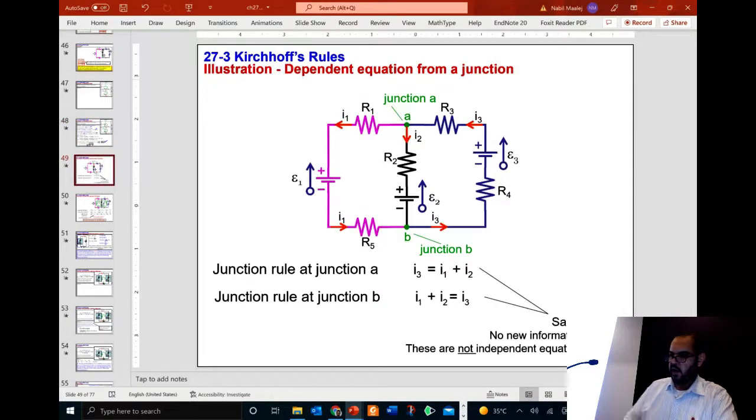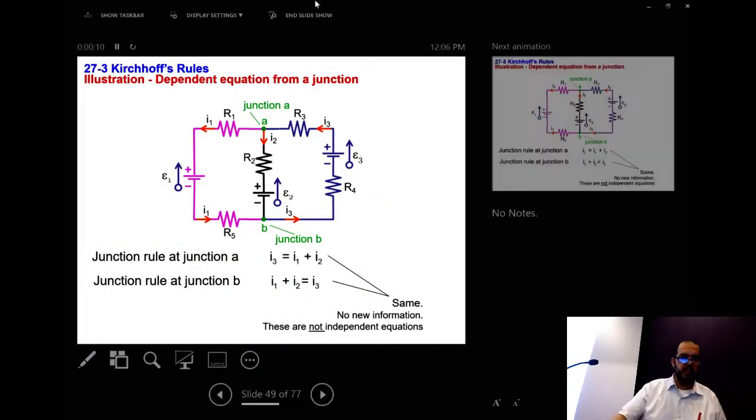Okay, so I want to draw your attention to the following. If you have two junctions, like in this circuit here, then writing the equation for the first junction and the second junction will not give you more information.